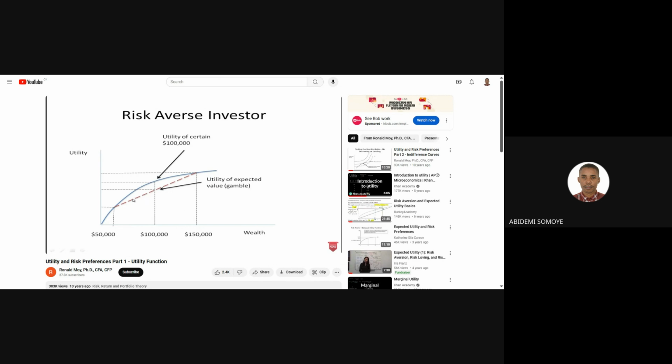So if you look at this red dashed line here, this shows us the utility they get from gambling. And in this case, because the expected value of the gamble is 100,000, we can draw up to this curve, or this dashed line, and draw across. This would be their level of utility. What we see is that it's lower than the 100,000 with certainty.